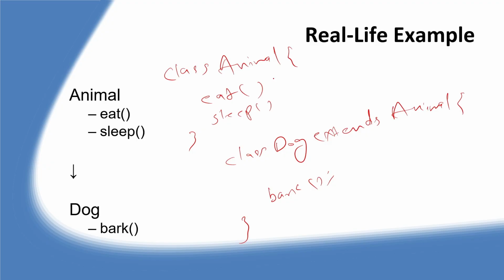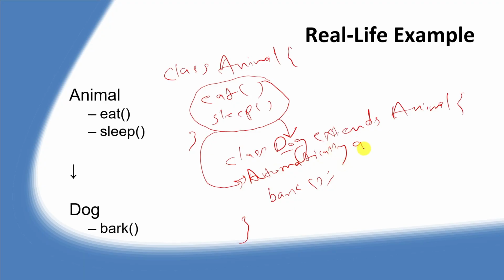So whatever properties and behaviors are defined inside the parent class, that is animal, will automatically be available inside the child class. So we don't need to redefine here. That means this code is automatically accessible here. We can access this eat and sleep method inside the dog class. Why? Because it is coming from the parent class. Dog is inherited from the animal class. So these methods are automatically accessible inside the dog class.